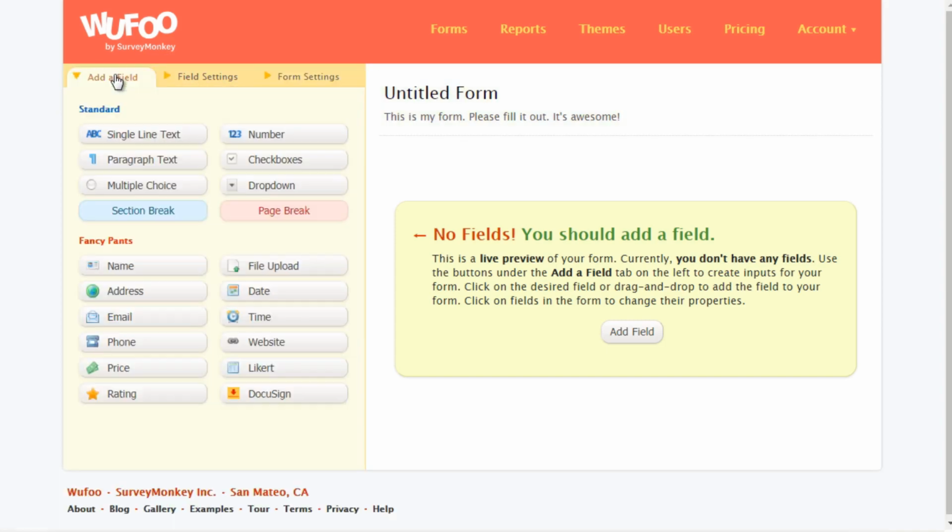But if we go over to add a field, in terms of building out your survey, what you want to do is you want to stick with questions that are very easy and non-threatening in the beginning, such as what is your age, what is your name, what is your email, something that is very non-threatening. Because what happens is if you put in questions that people feel like may be invading their privacy in the beginning, then they will be more skeptical or even reluctant to complete your survey.